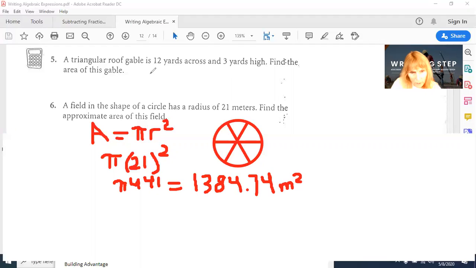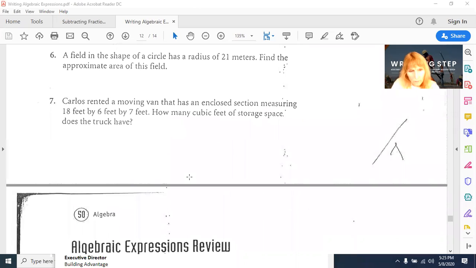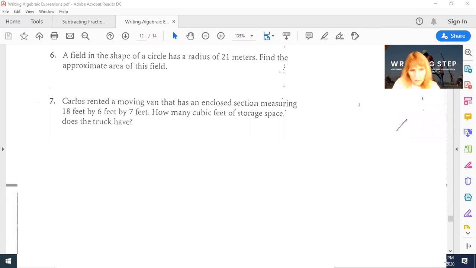Let's look at number 7, the one right below it. Carlos rented a moving van that has an enclosed section measuring 18 feet by 6 feet by 7 feet. How many cubic feet of storage space does the truck have? This is an example of using a, do you know it?